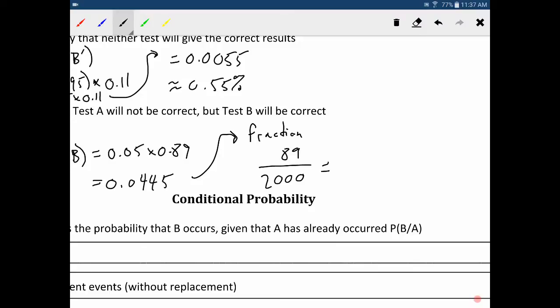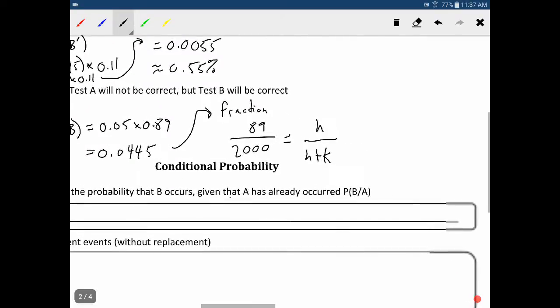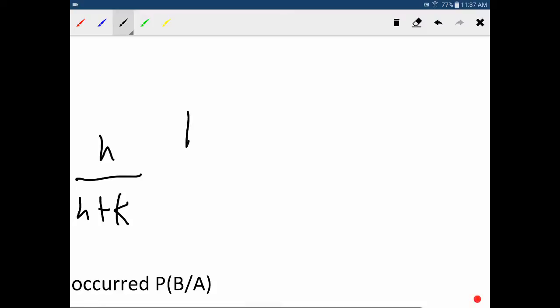I want to remember the probability was the chances of success over the chances of success plus the chances of failure. So from that we can see that H is equal to 89, and K is going to be 2,000 minus 89.